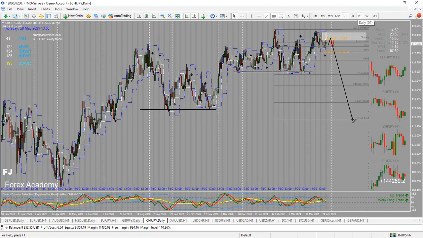And then I'll be looking for this move if you want to trade that pair.